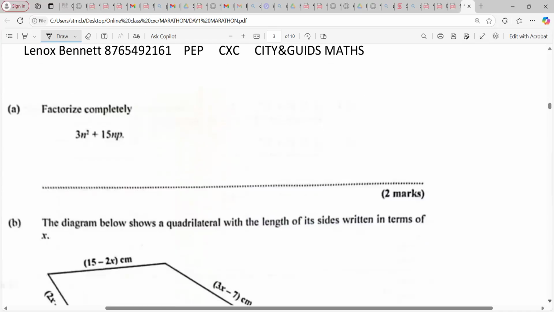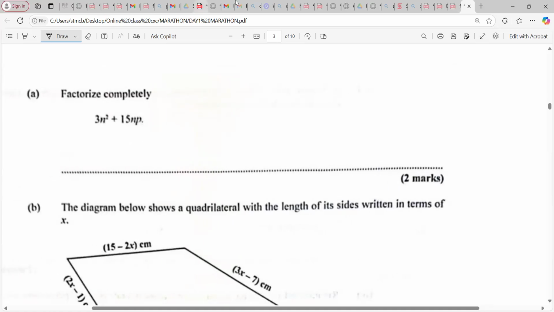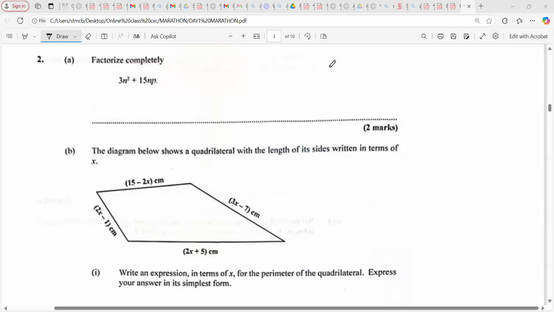Alright, some fun ones, guys. This one's: factorize completely 3n squared plus 15np. So do that one first and then we'll go down to the next one, alright? Let's go, guys. So this is factorize by grouping, right?